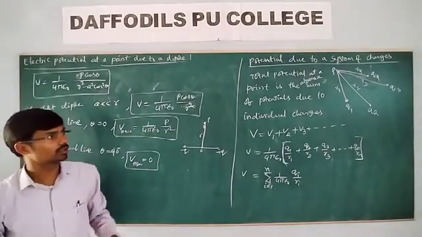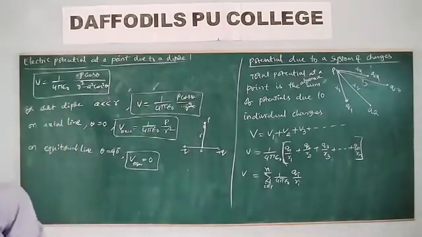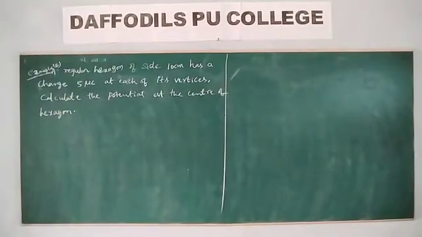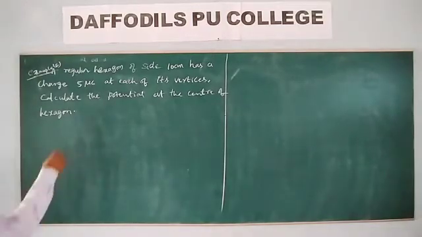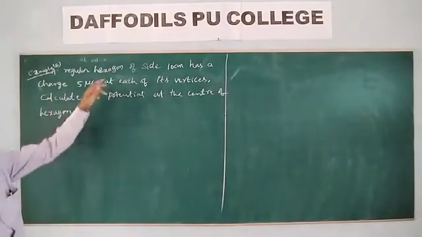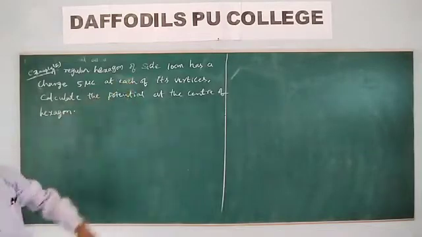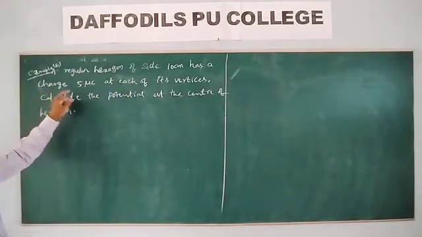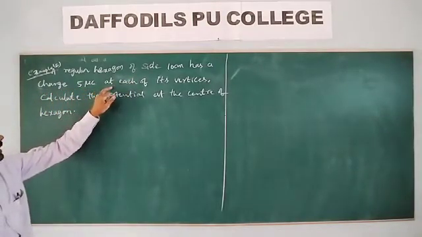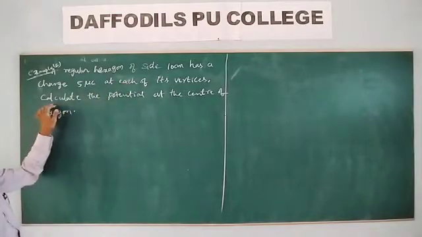Let me discuss an example so that you can understand this problem. Look at this one. A regular hexagon of side 10 cm has a charge of 5 microcoulomb at each of its vertices.